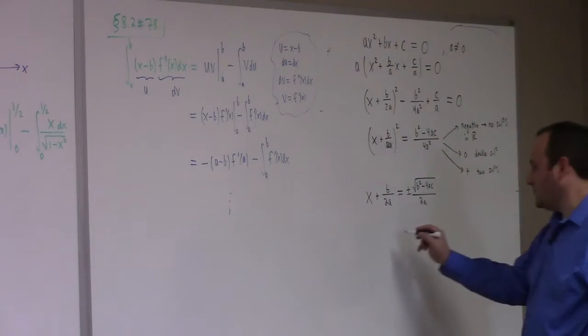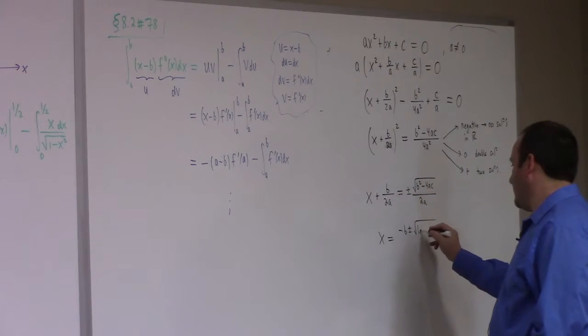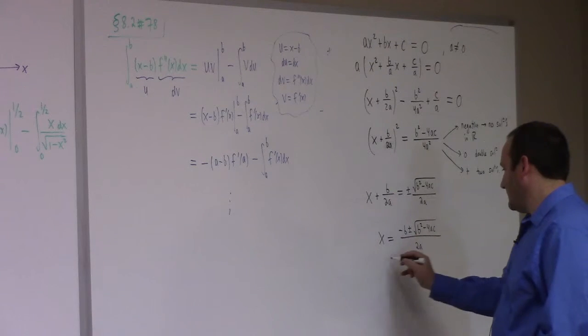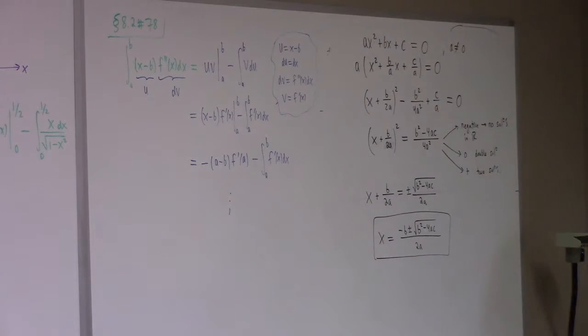And so here you go. x is equal to minus b plus or minus the square root of b squared minus 4ac, all divided by 2a. You may recognize this. This is the quadratic formula, right? Something you should be able to derive, right? Because if you can complete the square, you can derive it, just like this.